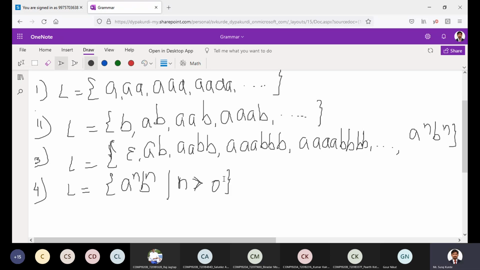In the first case, n is greater than or equal to 0. In the second case, it is n greater than 0.